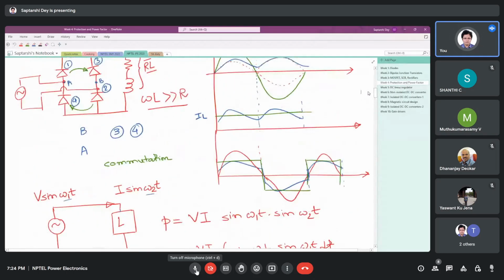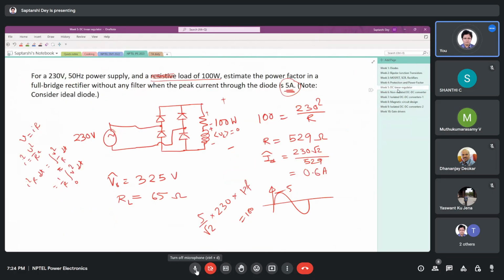Somewhere we discussed here. See, this blue one is the current. Okay, they have asked power factor, not the displacement power factor. So that will do. Even if you cannot find it separately, displacement and distortion, that will still do. So this can work.